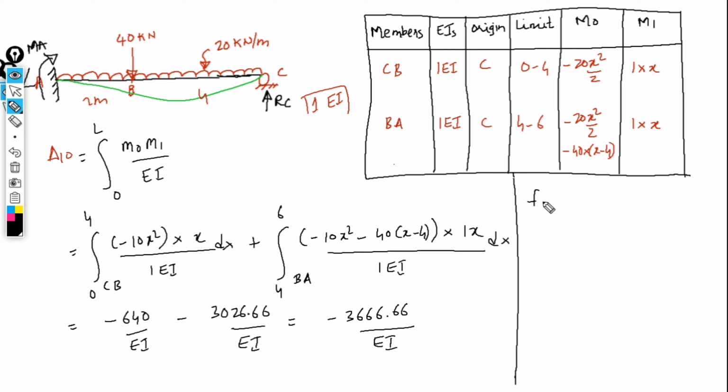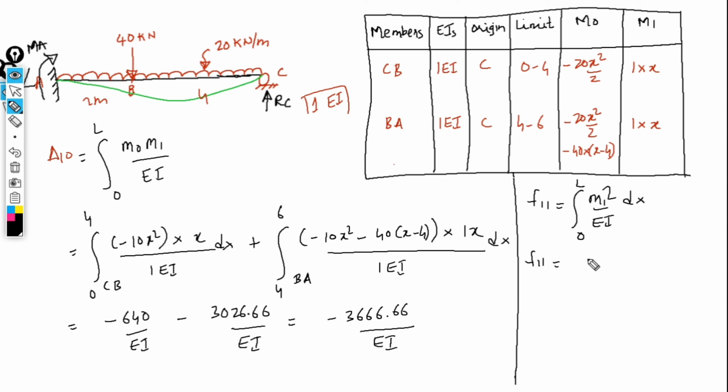You also have to find F11, the formula of which is integration between the limit 0 to L m1 square by EI dx. Okay, so you can take the m1 value of both the members. So first member is CB, limit is 0 to 4, m1 is x, m1 square x square by EI dx, plus next member is BA, limit is 4 to 6.